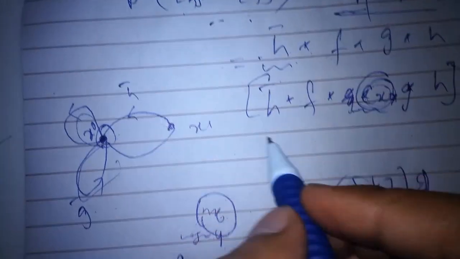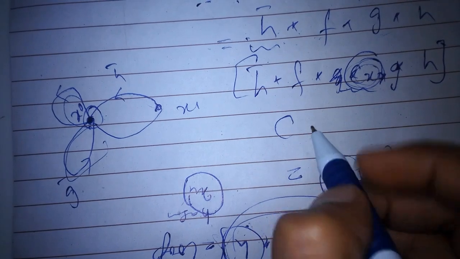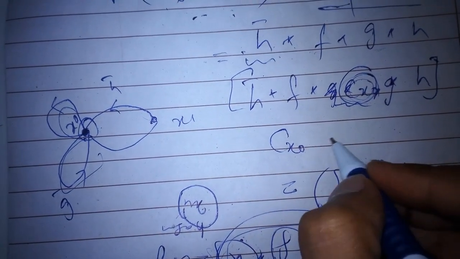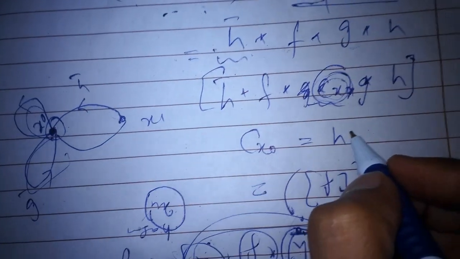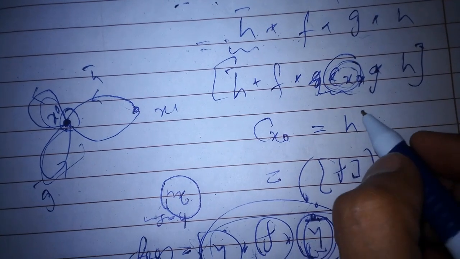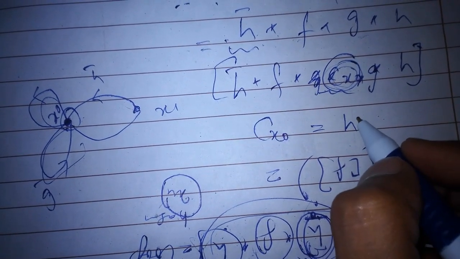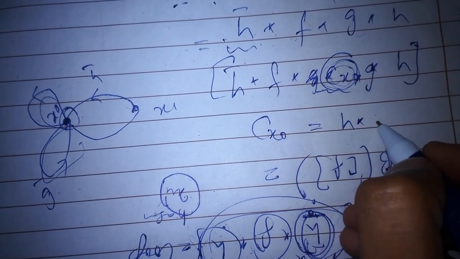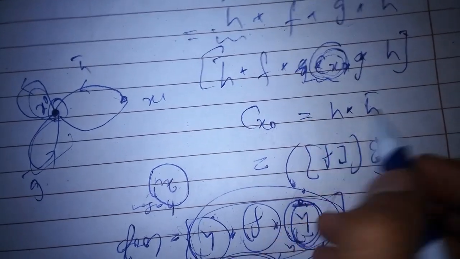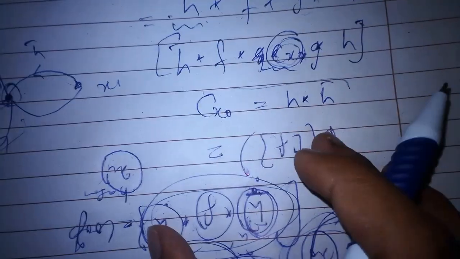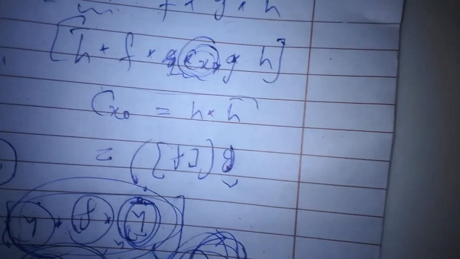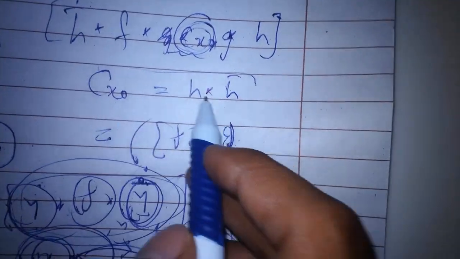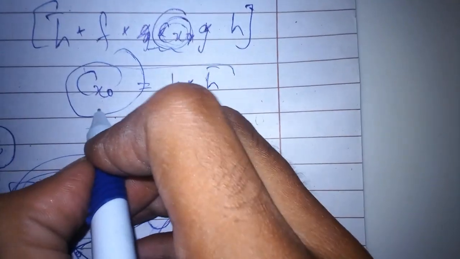So we can say cx0 is h static h bar, because c naught is equal to h static h bar. How can we claim this is equal? Because c naught is stay at x naught.